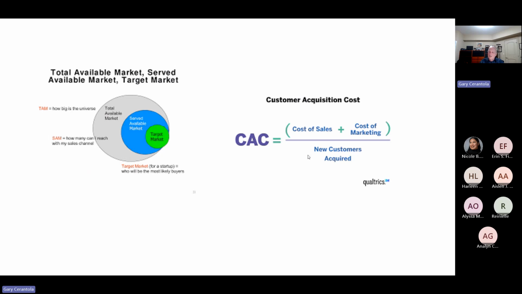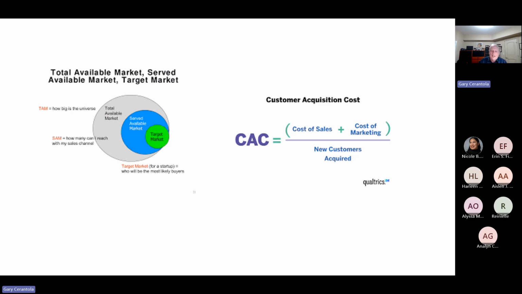Once you get this number, you benchmark against similar businesses at similar life cycle positions in your industry, and you say, oh, my costs are a lot higher to acquire new customers than business B down the street. And then you start thinking about what it is that you need to do to be able to fix that.